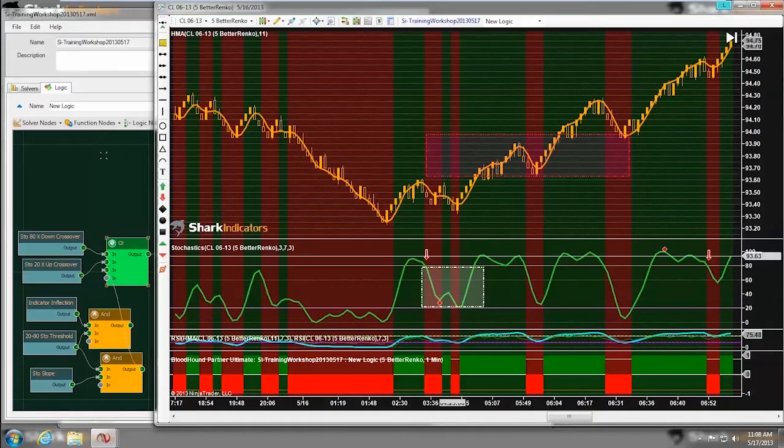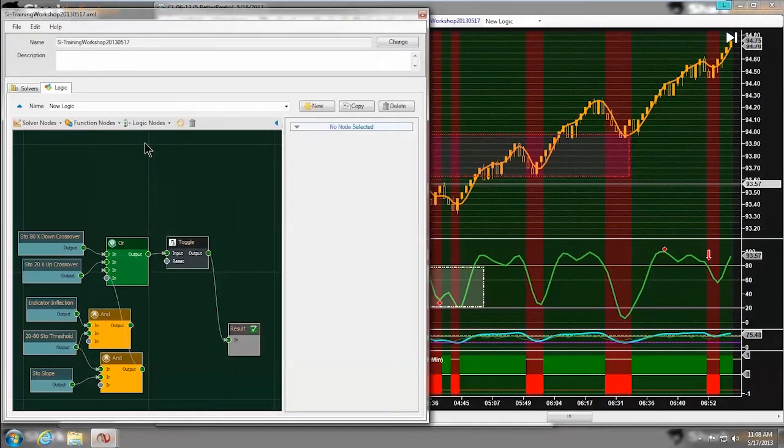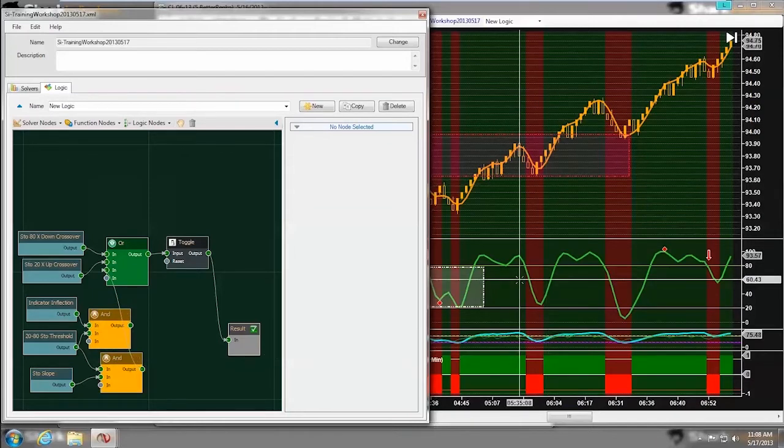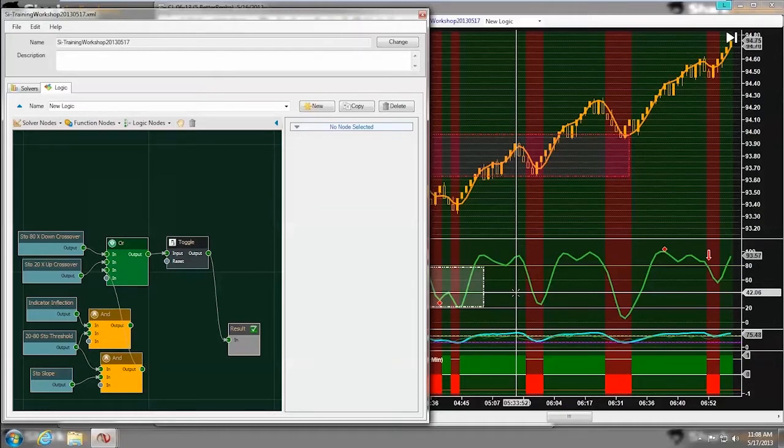So this is kind of demonstrating that with the function nodes and extra logic nodes, there's enough tools now where there's more than one way to solve a particular condition like this. So there's not necessarily one correct way to do things anymore.